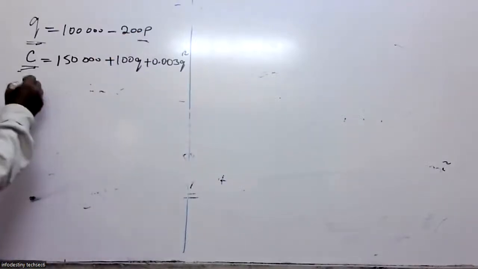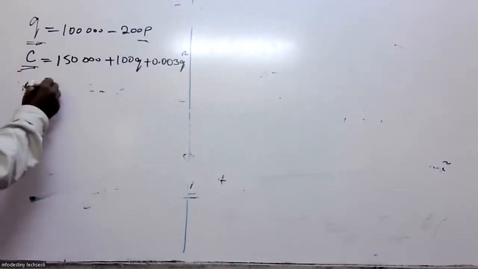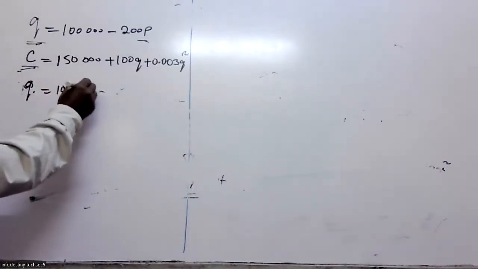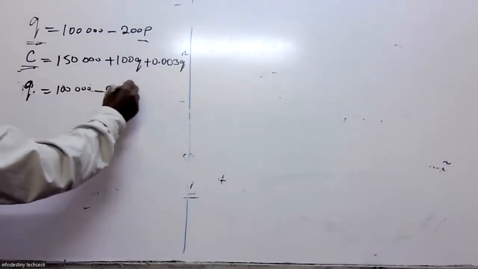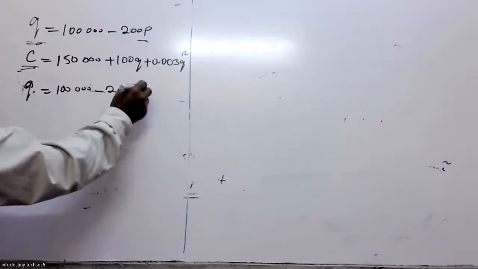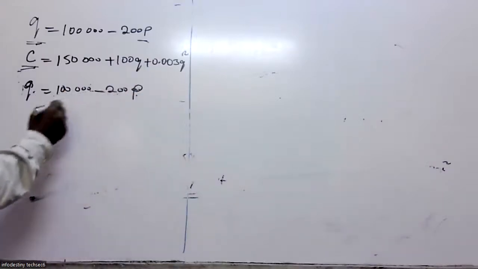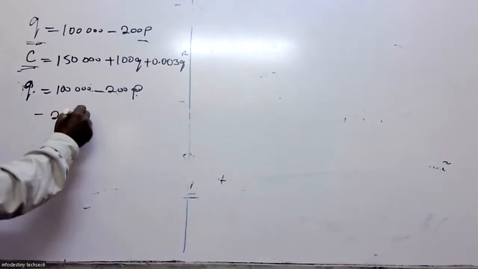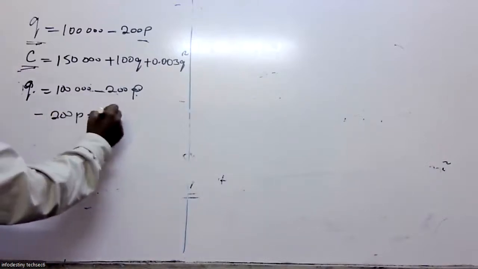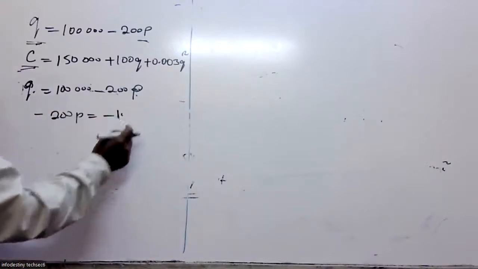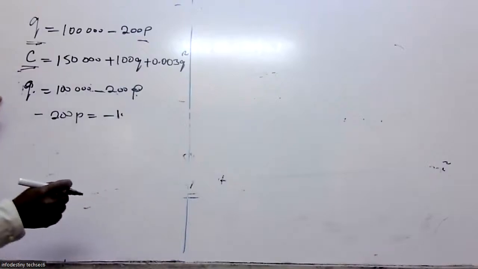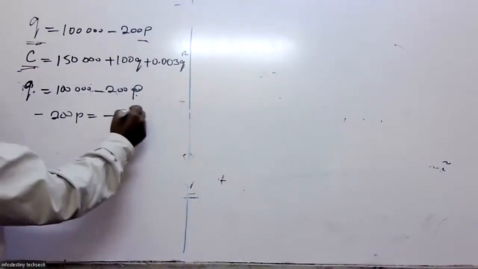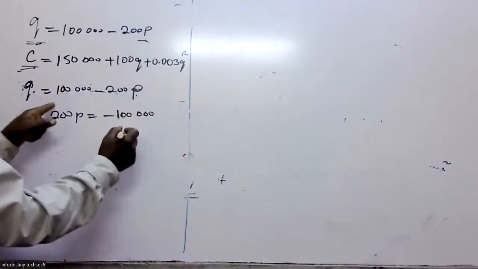So we just say this is going to be Q equals 100,000 minus 200 P. So minus 200 P will be equal to 100 minus Q, because it's crossing the sign.